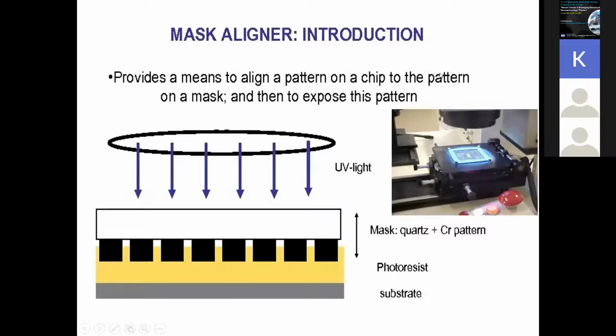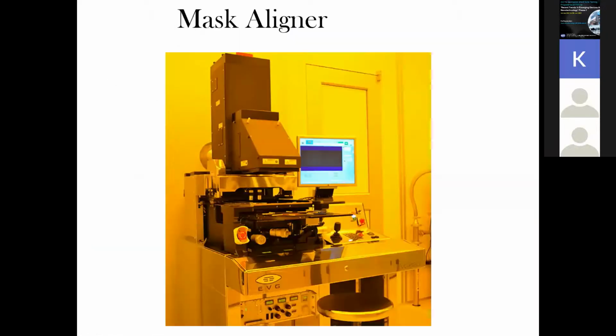You can see the image where you can see the mask, you cannot see the wafer which is below that mask, and UV light is falling on the wafer through the mask. Okay, so this is one image of a full mask aligner.